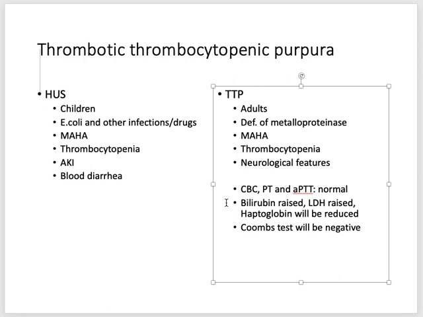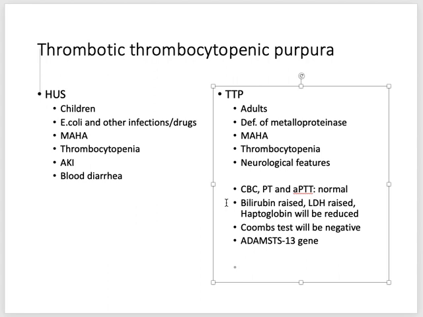I will not write more features about HUS because we have already done this. We can make the confirmed diagnosis by doing the ADAMTS13 test, which will give us the diagnosis of this condition.